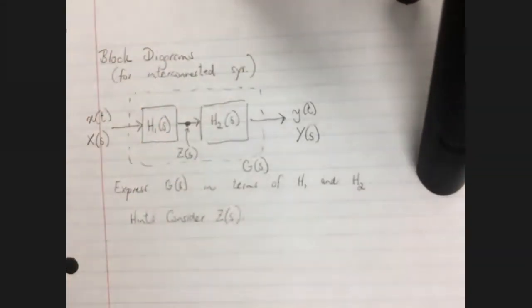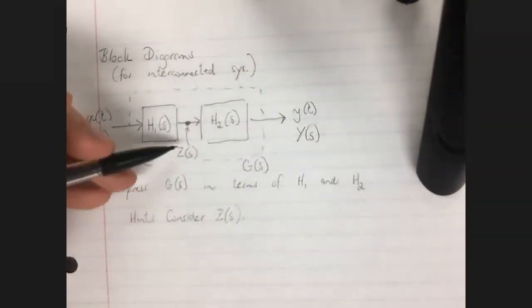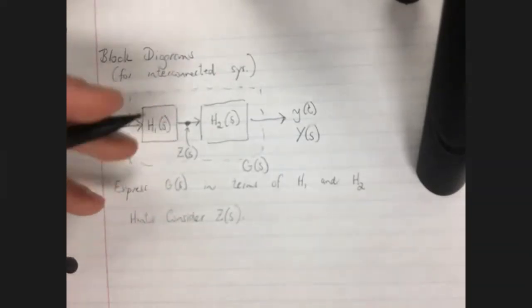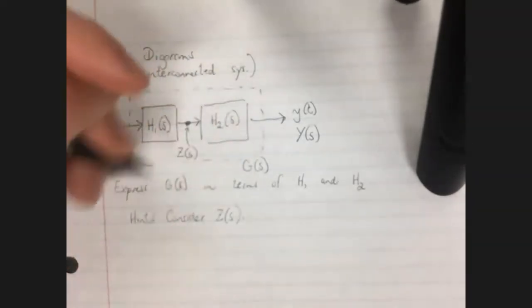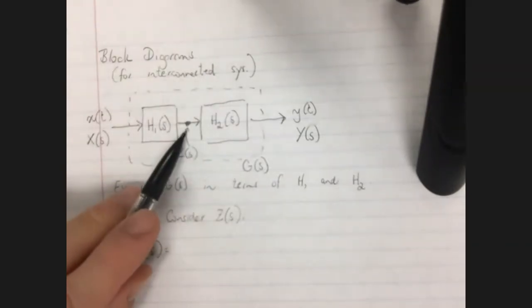Hopefully, once you see how this one goes, you'll get more confidence as to how to simplify block diagrams. But basically, I said consider Z of s right there. Z of s is the output of the first block.